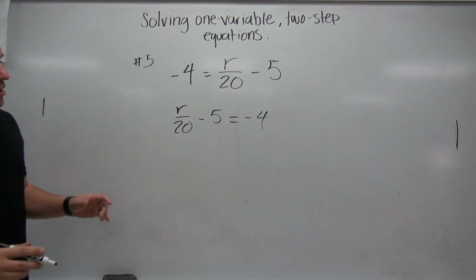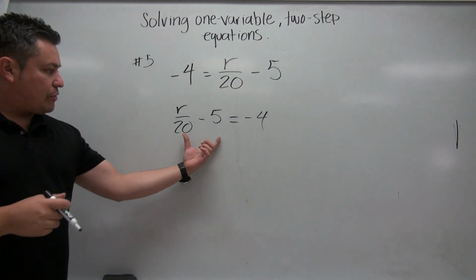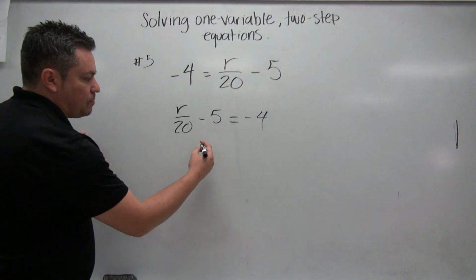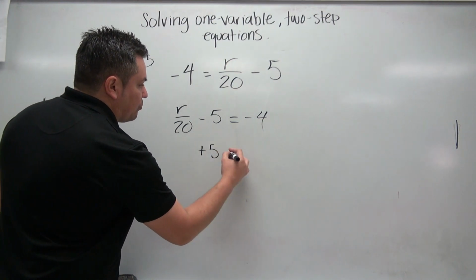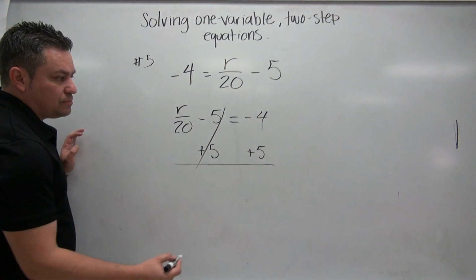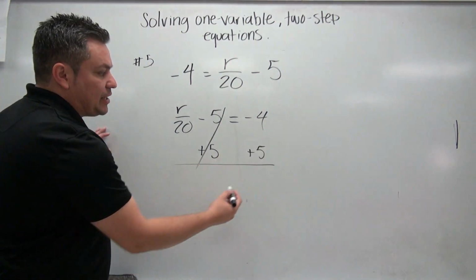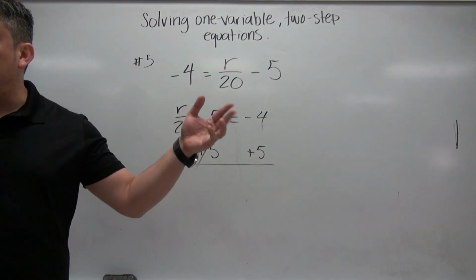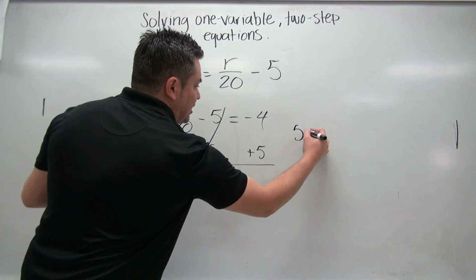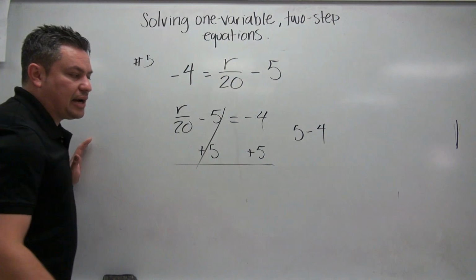Now, the next step will be to get rid of which one? The 5, okay? So how are we going to do that? We're going to add 5. What we do to one side, we do to the other. So that cancels out. Negative 4 plus 5, opposite signs, subtract, keep the sign of the bigger number. This is the same thing as 5 minus 4, right?